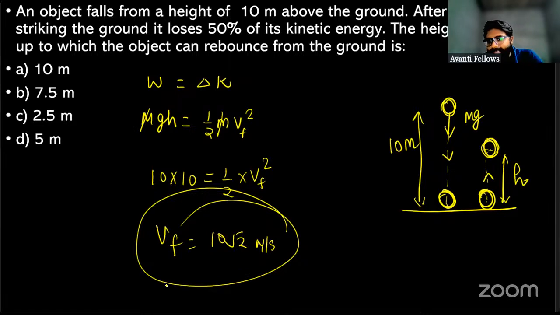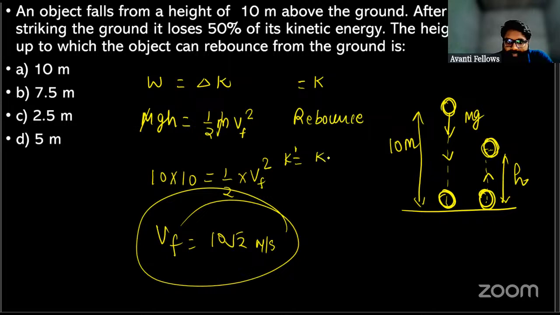It will not reach back to the 10 meters again. When it's rebounding with half of its kinetic energy, let's say the initial kinetic energy is K. At rebound, the kinetic energy K dash will become K minus K by 2, since 50% is reduced.